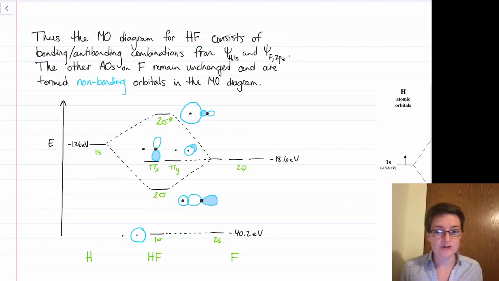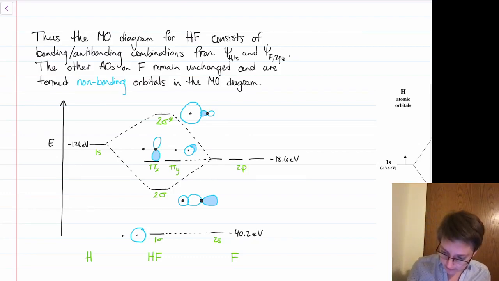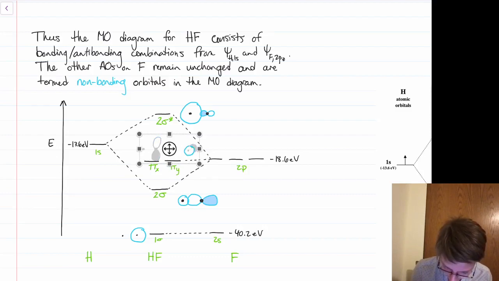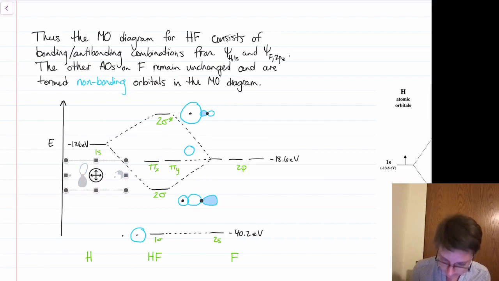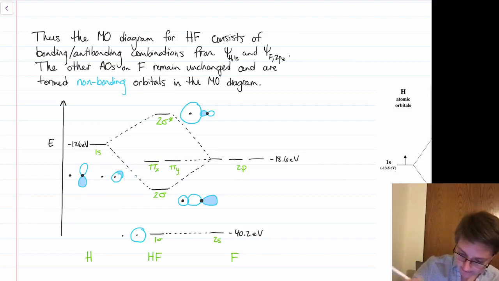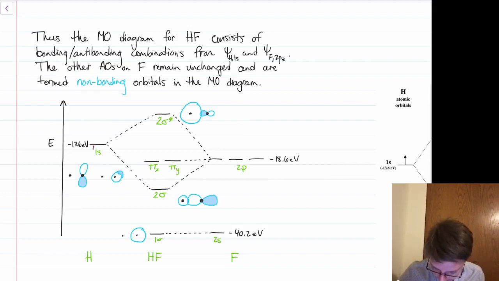Our last step for hydrogen fluoride would be to populate these MO diagrams with the appropriate set of electrons. And we can do that using our standard chemical principles for drawing these diagrams. So in this case, hydrogen has 1 electron to start with. Fluorine has 7 valence electrons.